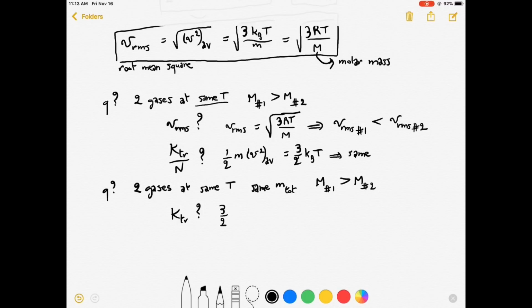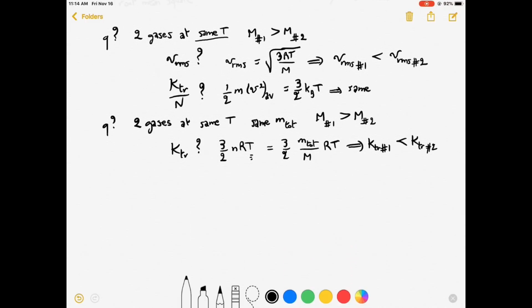That number is 3/2 nRT, right? Because they are at the same temperature, you may want to say that it is going to be the same, but n is not necessarily the same here. If you write n as the total mass divided by the molar mass, you will see that if the molar mass of the molecules in gas number 1 is larger, then the average translational kinetic energy of this gas will be smaller.